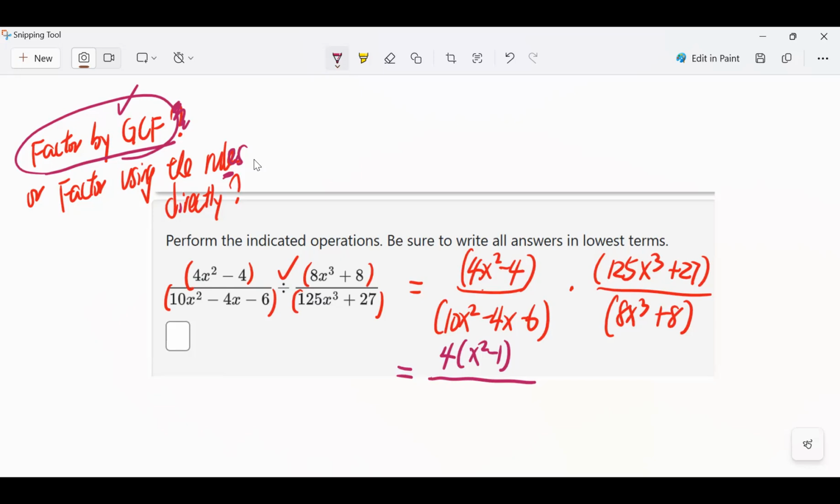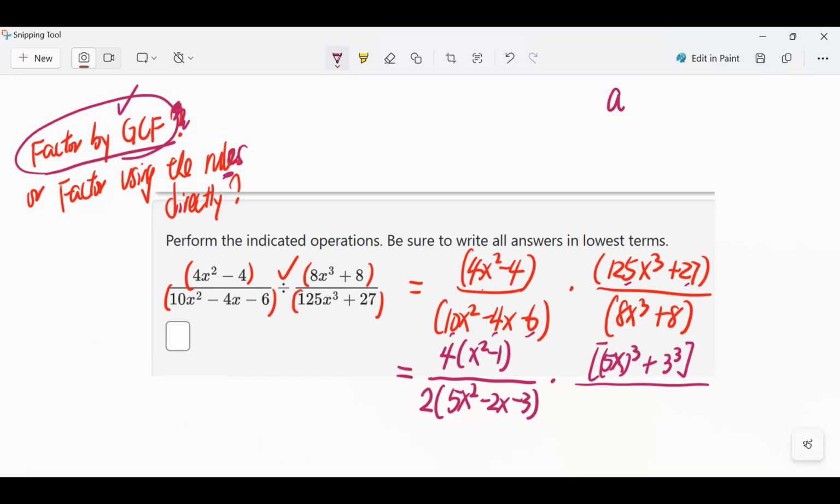And similarly for the bottom, same thing, right? Factor out 2, because every one of them is even, you get 5x squared minus 2x minus 3. Now for the second fraction, there's no GCF on top, but we're going to turn that into 5x cubed plus 3 cubed, because we're going to apply the rule for the sum of two cubes.